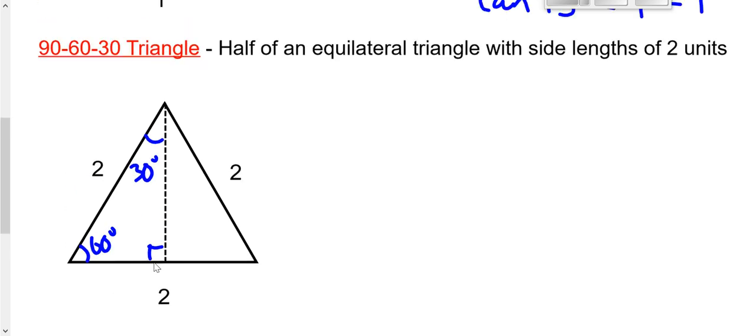Okay, so now if you look at this, half of an equilateral triangle with side lengths of 2 units. So 2, 2, and 2, because this is an equilateral triangle. So that means the length of all the sides are the same. And because this is half of the whole length, this is 1 here.